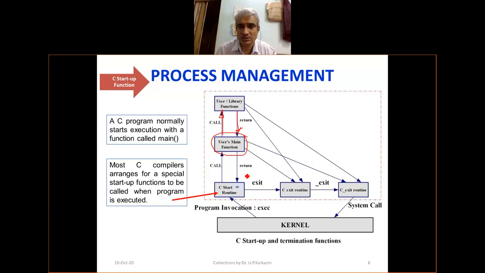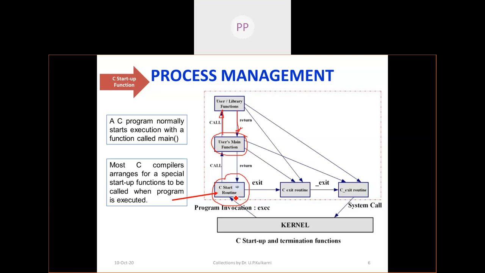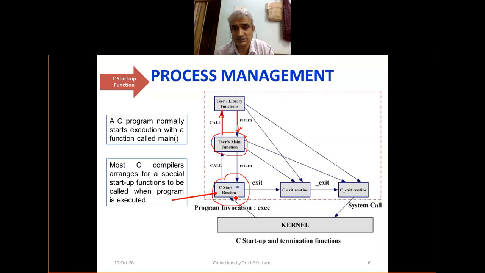There is something called the C startup routine provided by the compiler. Who will call this C startup routine? Kernel exec will call the C startup routine, and the C startup routine will make all your command line arguments ready and provide them to your main function, and hence your program executes. Are you clear?